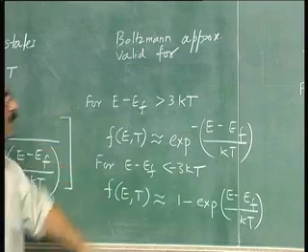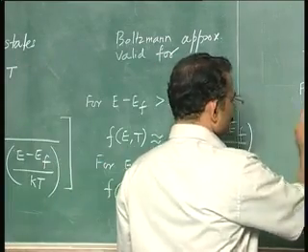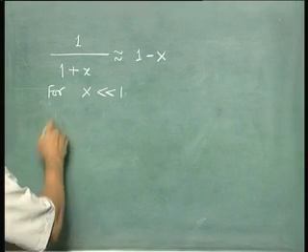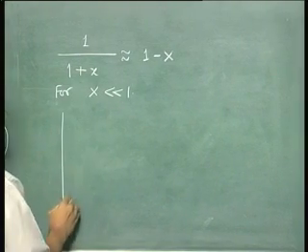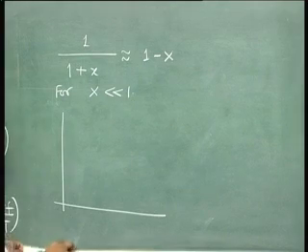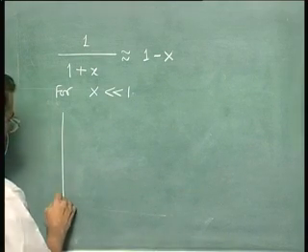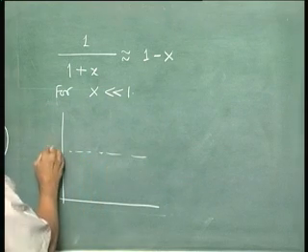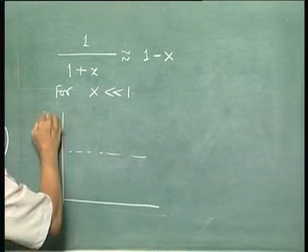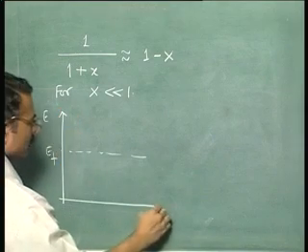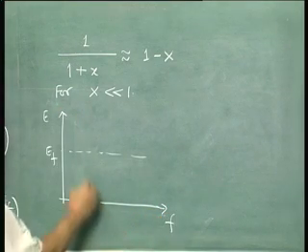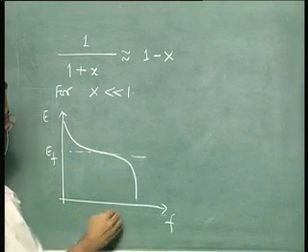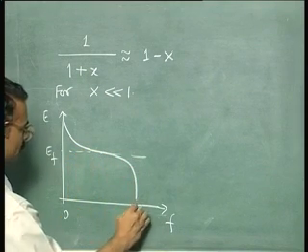Okay, then how will they look? It would be something like this. Let us do it for any one temperature. So this is EF, this is E, and this is the function F. If this is the Fermi-Dirac function, this is 0 and this is 1.